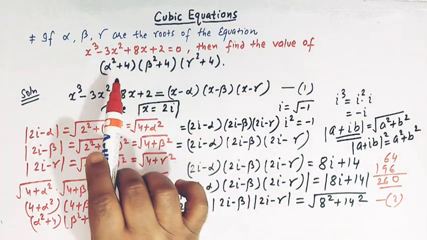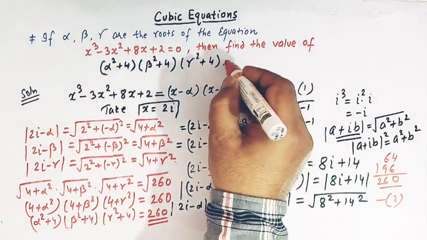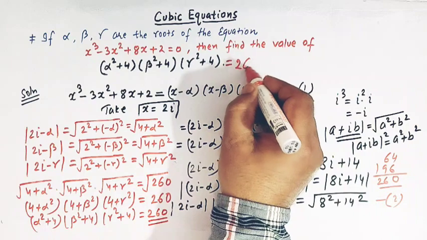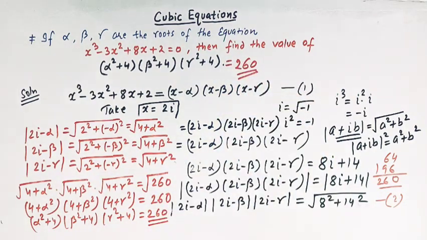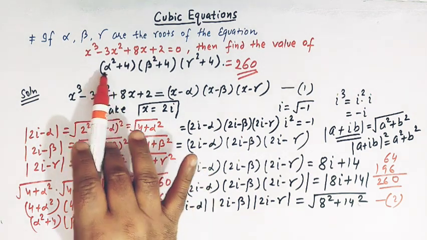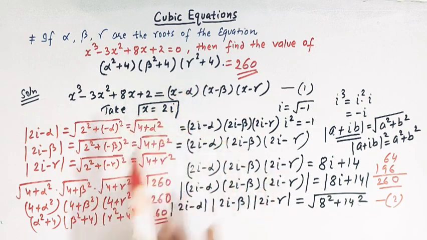So viewers, the value of this expression is equal to 260. This is how, by making use of the concept of complex numbers, we can find the value of this expression.